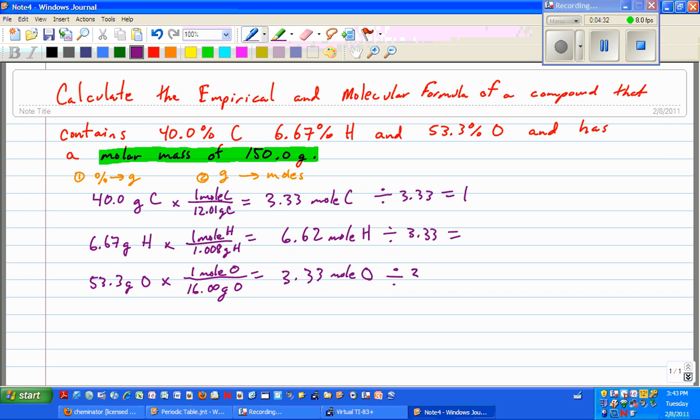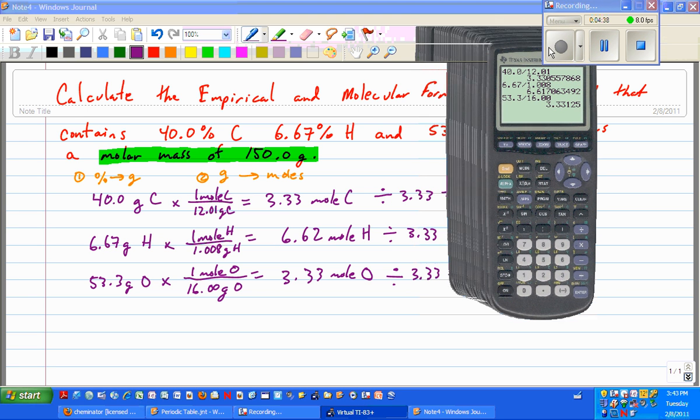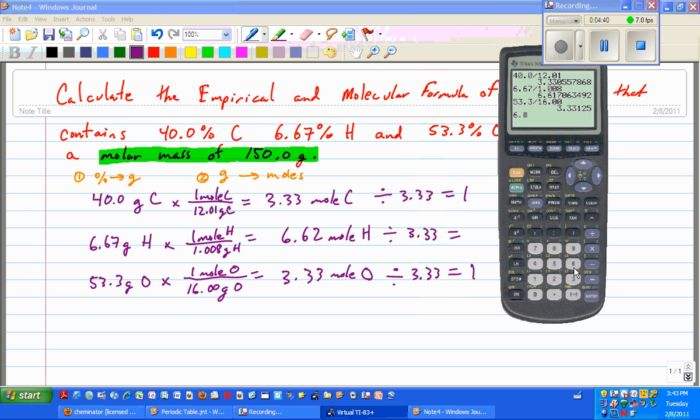Let's do the easy ones first. 3.33 divided by 3.33 is going to be equal to 1. So let me grab a calculator here, and I've got 6.62 divided by 3.33 is going to be equal to 1.987. We're looking at 3 sig figs, so the 7 makes the 8 a 9.